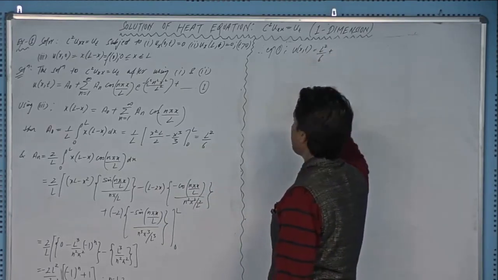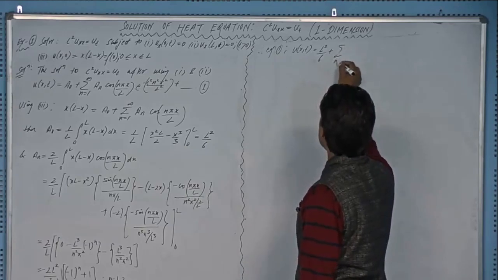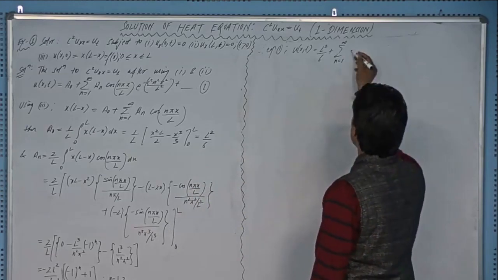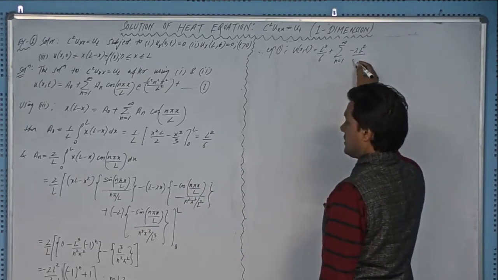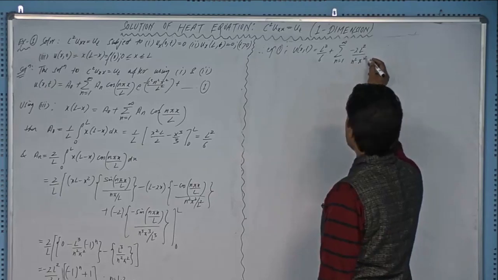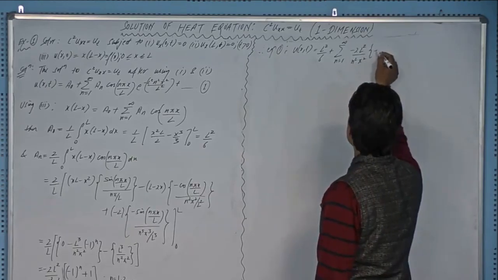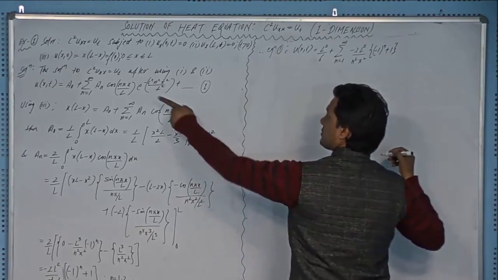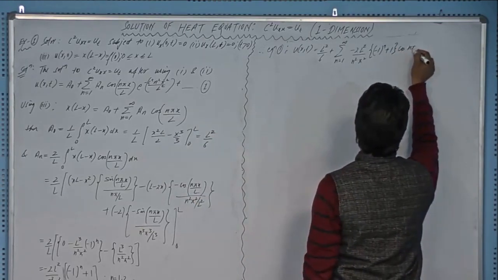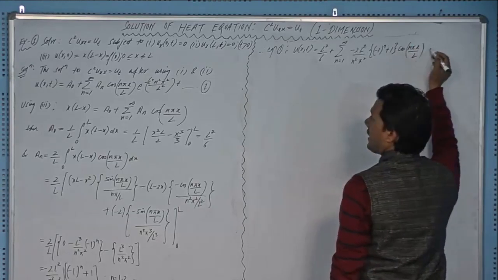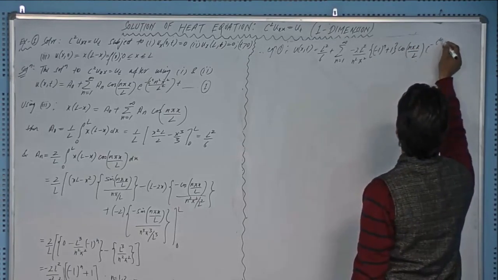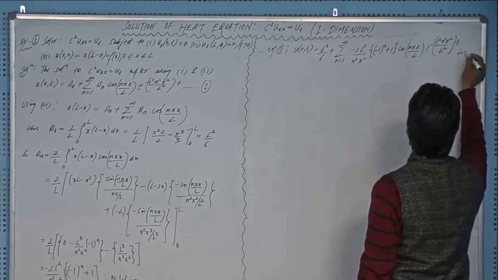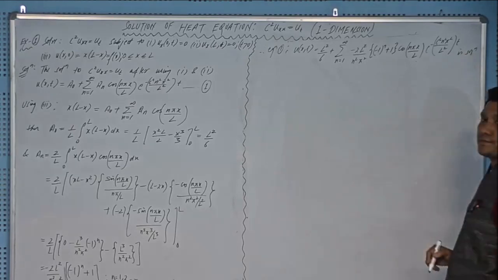L square over 6 plus the summation n equal to 1 to infinity, and we have this an here, minus twice of L square over n square pi square, multiplied by minus 1 to the power n plus 1, and then we have this cos function, cos n pi x over L, and then e to the power minus c square n square pi square over L square times t is the solution, right?